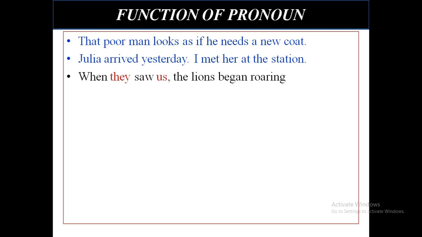Here in this statement you see a third person plural pronoun, they, referring to a plural noun, lions, right? When the lions saw us, began roaring. That is how you can understand it.